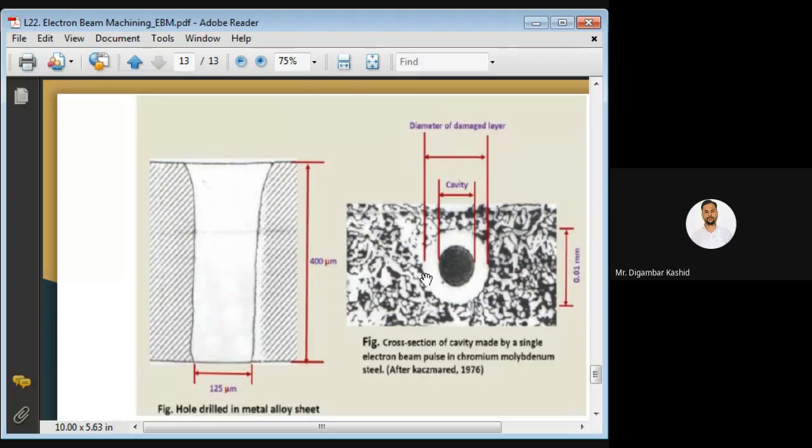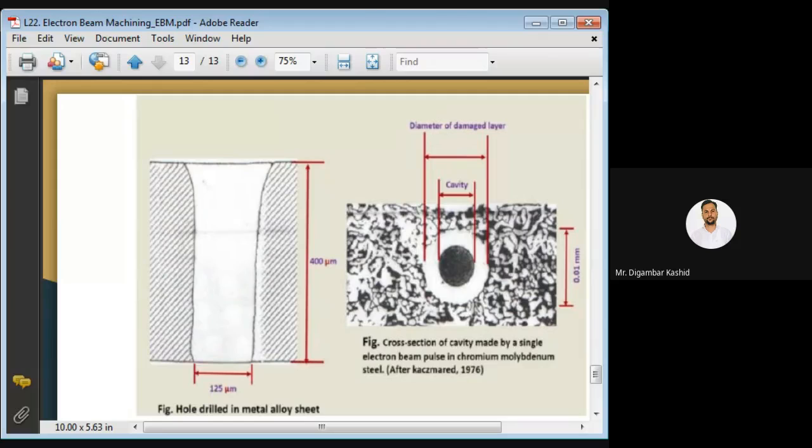The cavity is shown, and the diameter of the damaged layer is also shown. The cavity diameter here is 0.01 mm, and here you can see a 125 micron hole drilled by EBM in the metal alloy sheet.